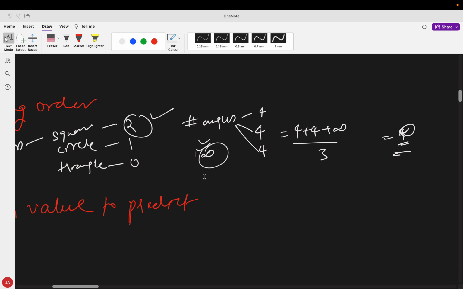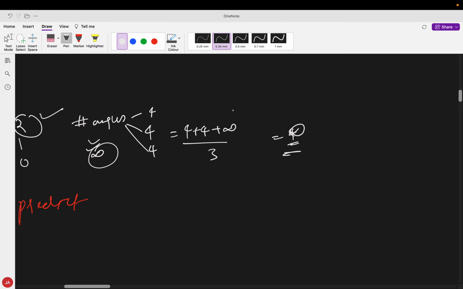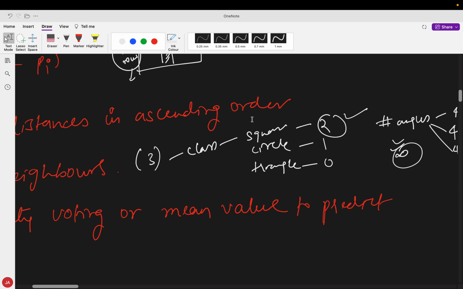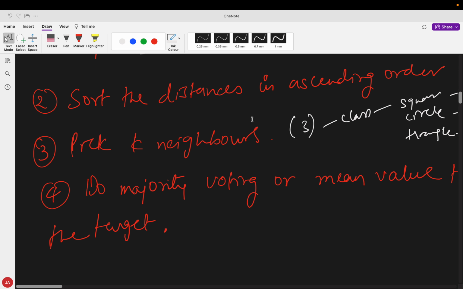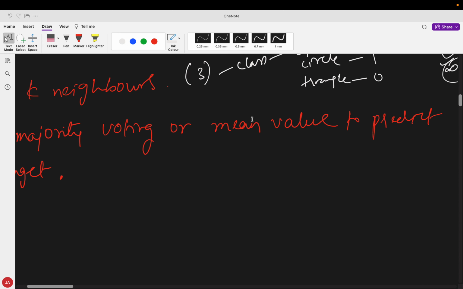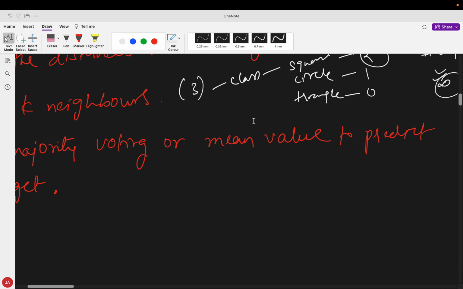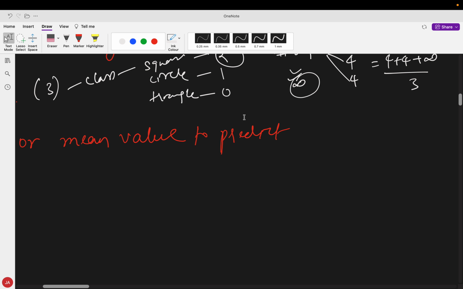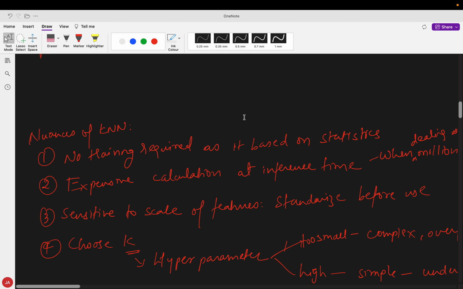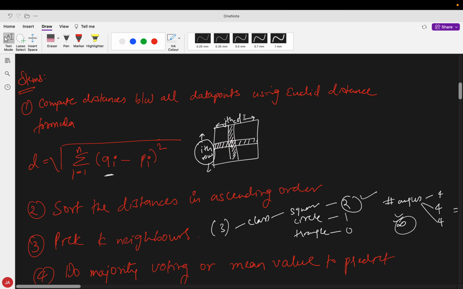Actually it would be a real number, but here I'm using infinity just to explain. So we take the average, the mean. This is how we can use KNN for missing values and also for the classification and regression tasks.